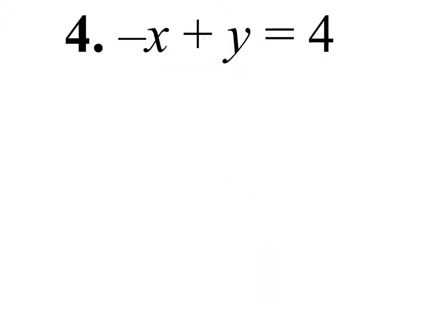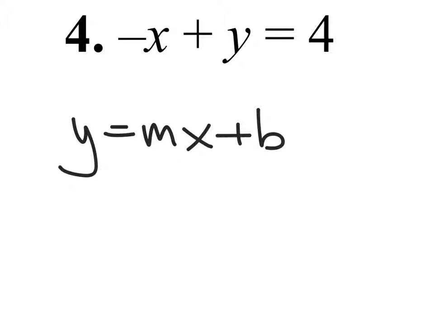So let me ask you this, because usually we're seeing stuff in this y equals mx plus b form. That slope-intercept form, is number 4 in slope-intercept form? Nope. So we do need to manipulate this so that it will be in slope-intercept form. So what do we got to do? We need to make it y equals some stuff.